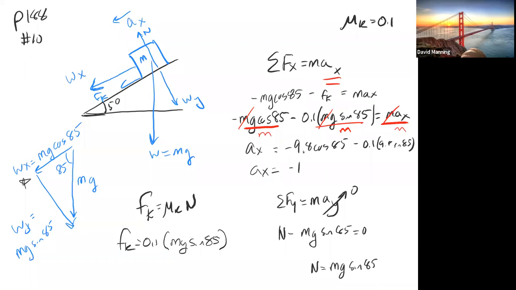The acceleration in the x is negative 1.83 meters per second squared. That's how much we're slowing down as we go up the slope. That's our rate of deceleration.